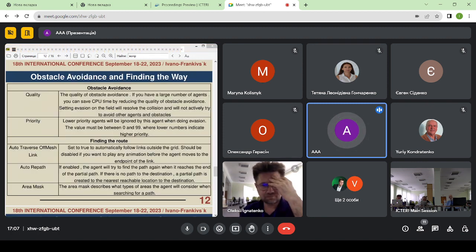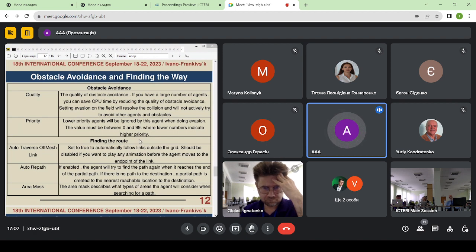Okay, a very important table: obstacle avoidance and finding the way. Obstacle avoidance is the quality of obstacle avoidance. If you have a large number of agents, you can save CPU time by reducing the quality of obstacle avoidance.